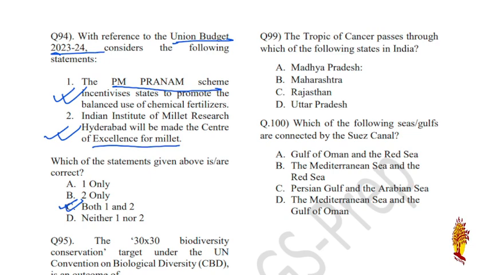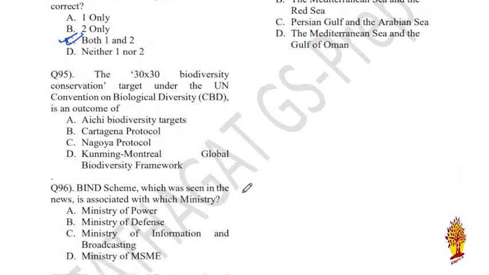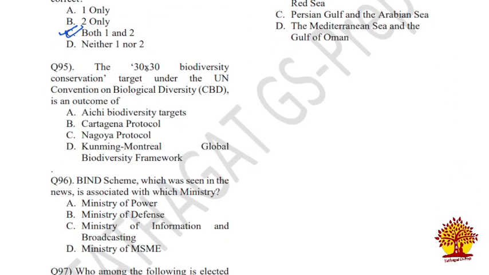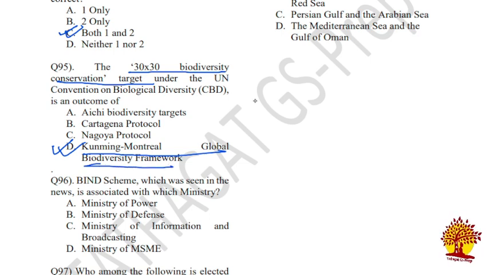Next, 95th question. The 30 into 30 biodiversity conservation target under UNCBD is an outcome of Kunming-Montreal Global Biodiversity Framework. Okay, UNCBD conference COP held in China.